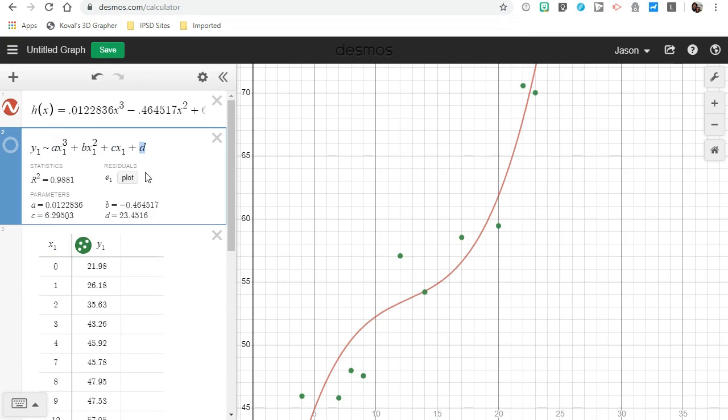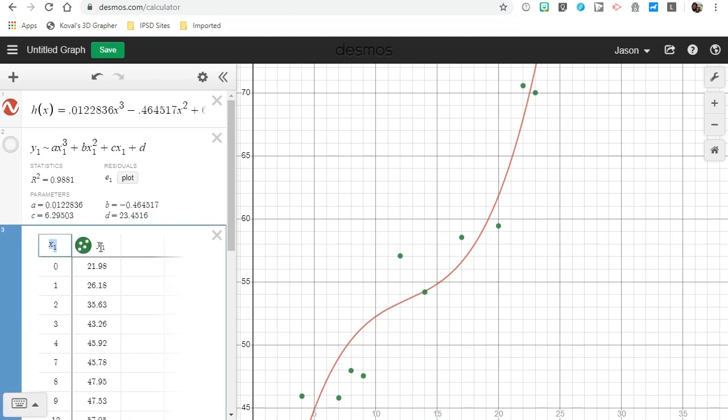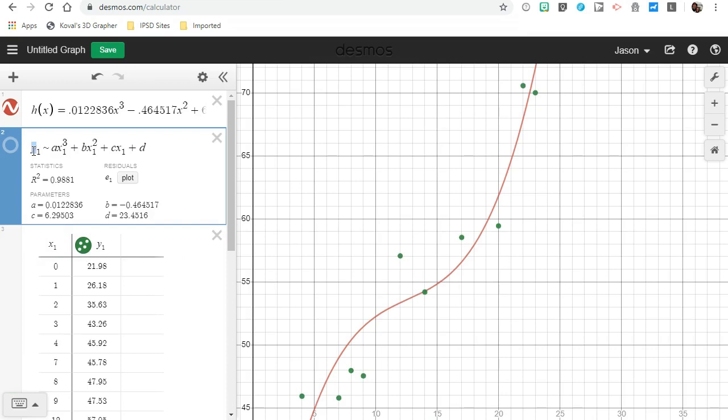Never put e because it will calculate e as a number, but put a, b, c, d, then you can skip to f, g, h. Actually, don't put i because that might think it's the imaginary number. But you can put these things, then put x1 cubed, x1 squared, x1, and so on. Now, if you had x2 and y2 in here, you would have to change what's in here. But if you just type this, Desmos will do the regression for you.